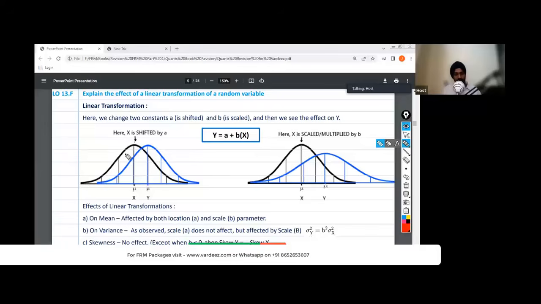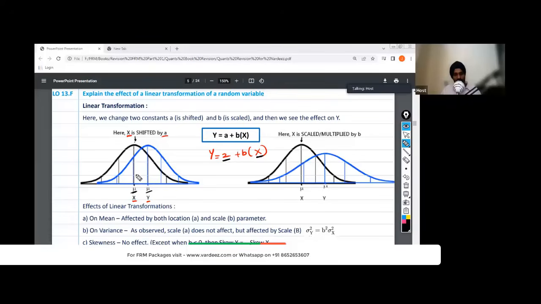So look at this particular diagram over here. Here x is shifted by a. This is my x, and this is my new random variable, which is y. Let's say a is 2, plus b and x. Once I add anything to this random variable x, you can see the effect. This is the mean of x, and the second mu is the mean of y.